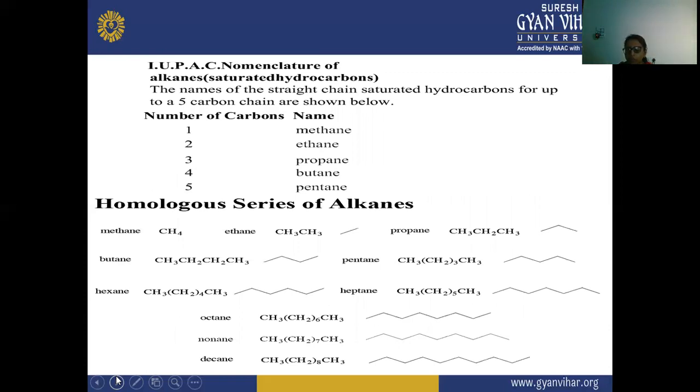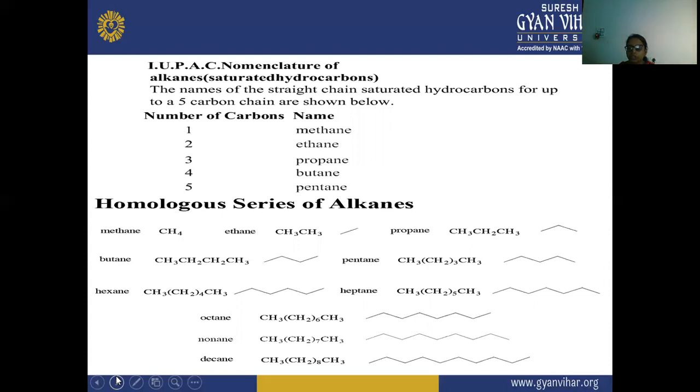Saturated hydrocarbons are organic compounds that have only single bonds between the carbon atoms. That is why they are saturated hydrocarbons. Where you see saturation, it means they are alkanes.